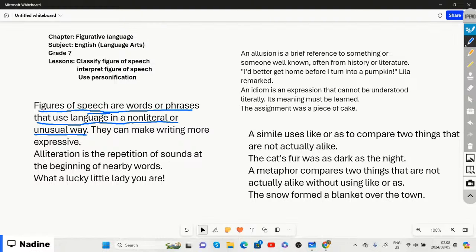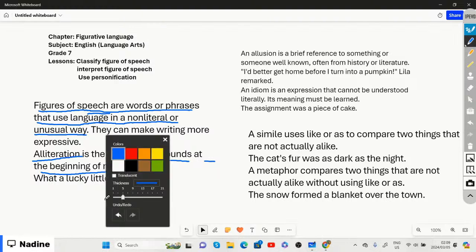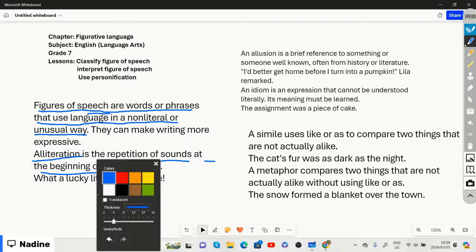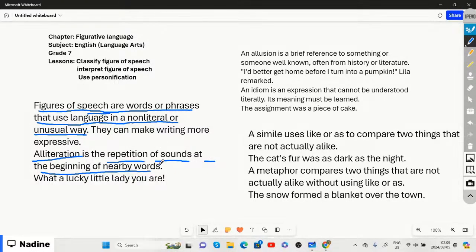Then we have alliteration, right? Alliteration is the repetition of sound at the beginning of nearby words.